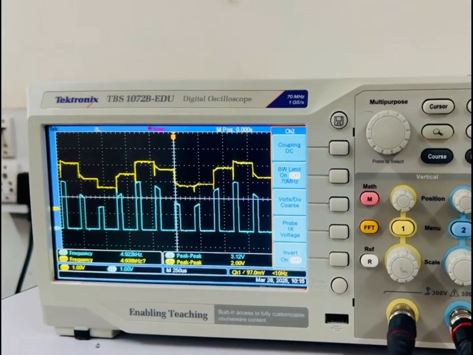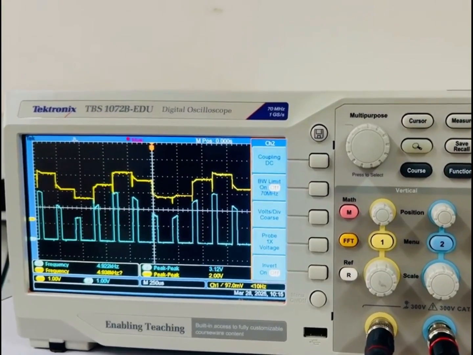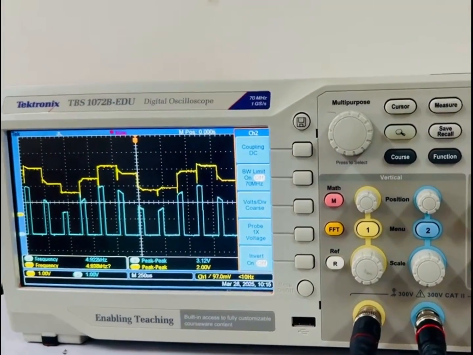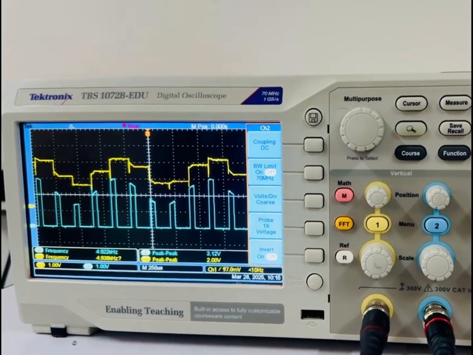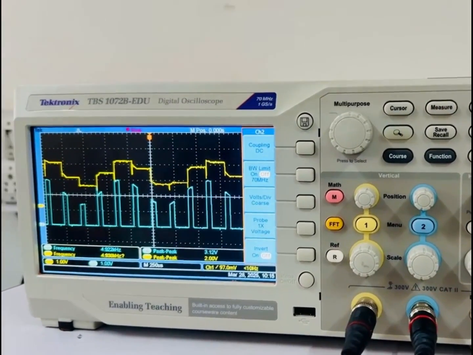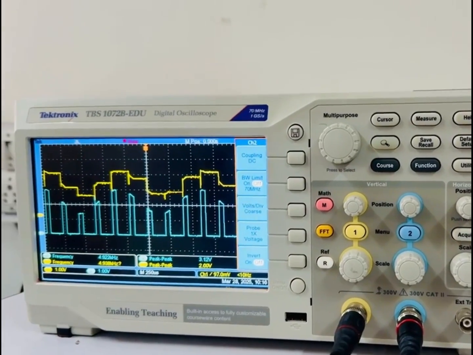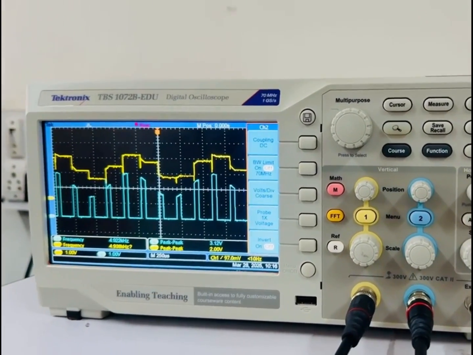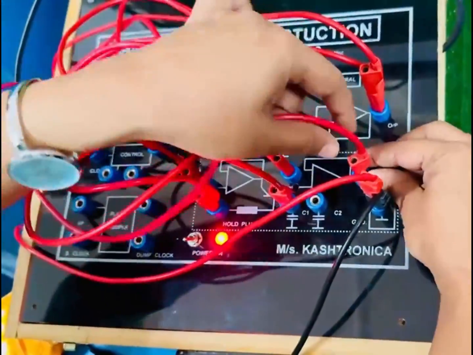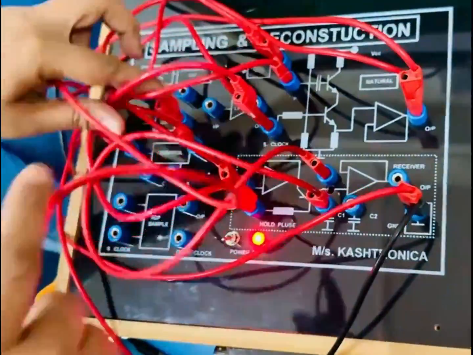To convert this signal into a smooth continuous signal which will resemble our modulating signal, we have to use a low pass filter. Low pass filter has a transfer function of a sinc pulse and this will allow the low frequency signals to be passed and convert the discontinuities in the signal into a smooth continuous waveform. So let's do these connections. The output of the receiver, that is the sample and hold circuit, is to be given to the low pass filter available here.